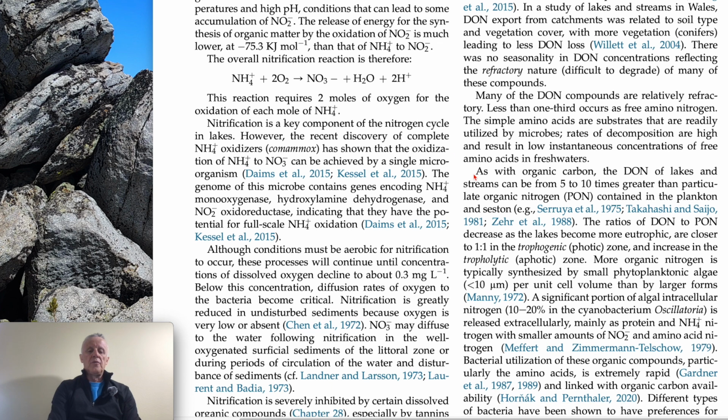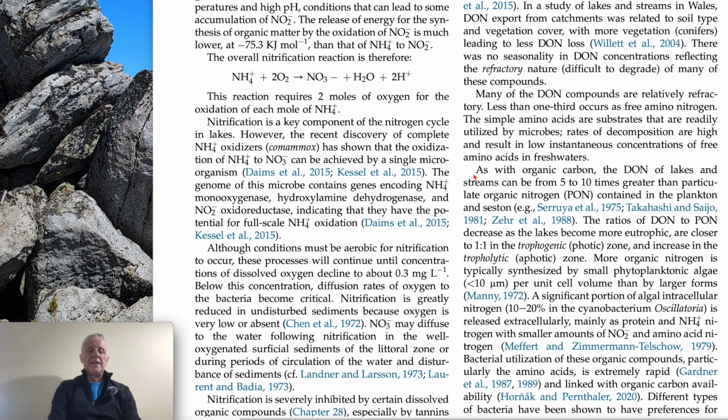However, the recent discovery of complete ammonium oxidizers, COMAMOX, has shown that the oxidation of ammonium to nitrate can be achieved by a single microorganism. The genome of this microbe contains genes encoding ammonium monooxygenase, hydroxylamine dehydrogenase, and nitrite oxidoreductase, indicating that they have the potential for full-scale ammonium oxidation.